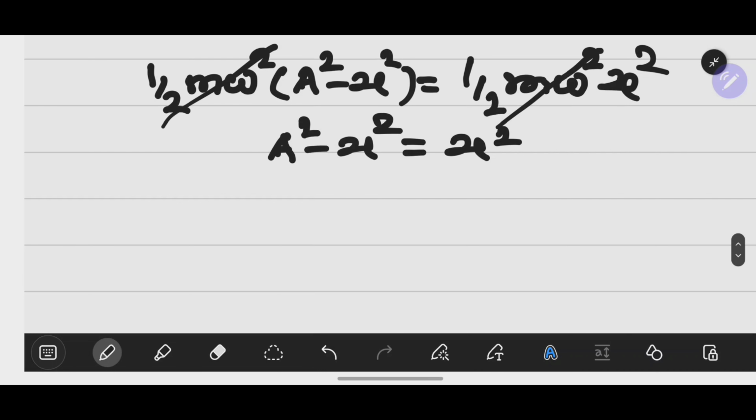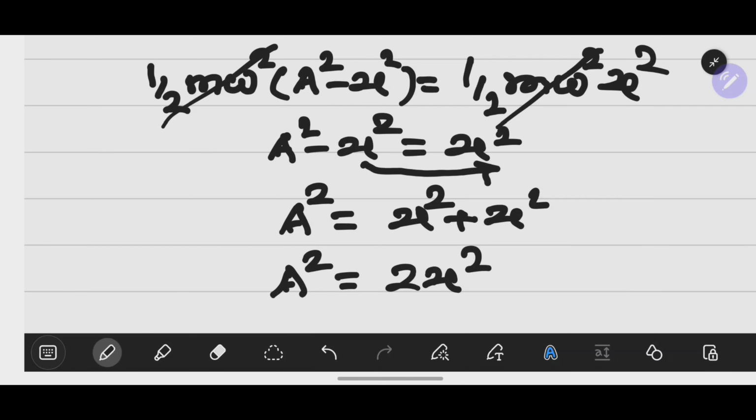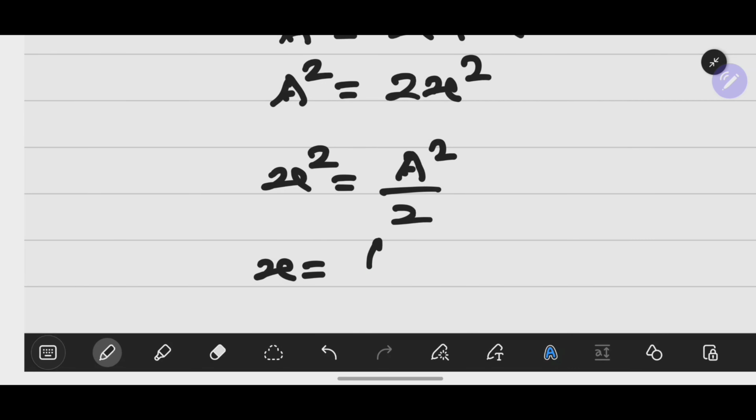Then a square is equal to 2x square, and x square is equal to a square upon 2, and x is equal to a upon under root of 2. Then displacement is given by this.